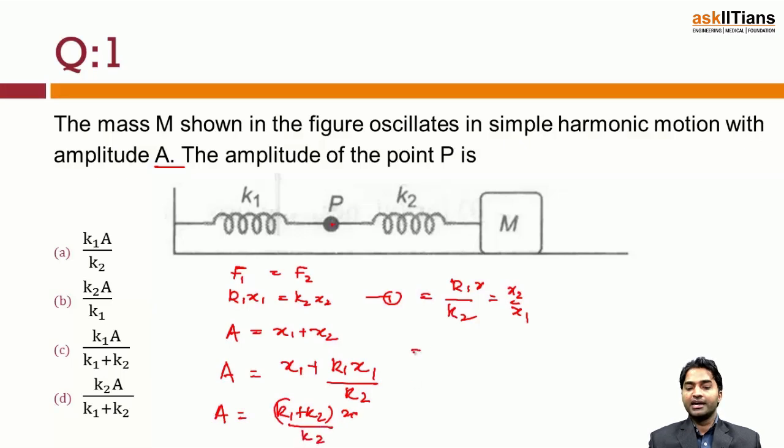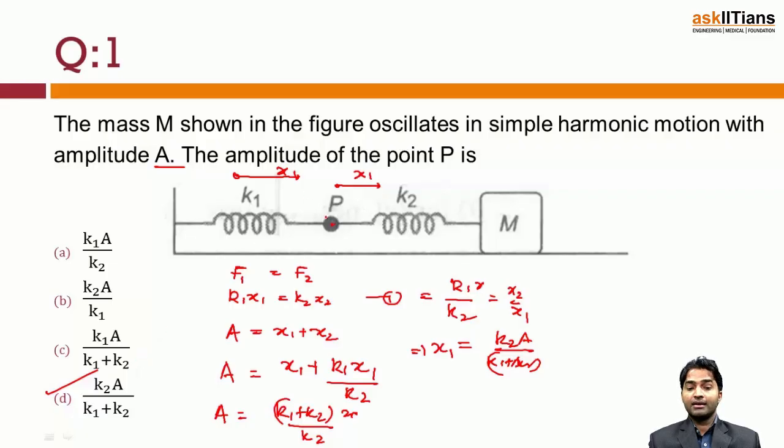So finally we get the value of the extension produced in the first spring. If this part is extended by x1, this point will also move, meaning this point P is also displaced by x1. So the value of x1 is K2 into A upon (K1 plus K2). So option D is the correct choice.